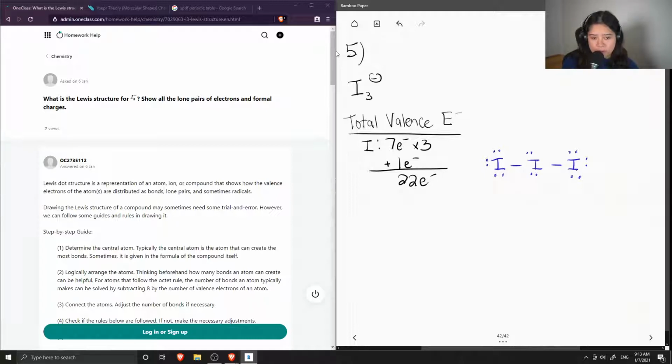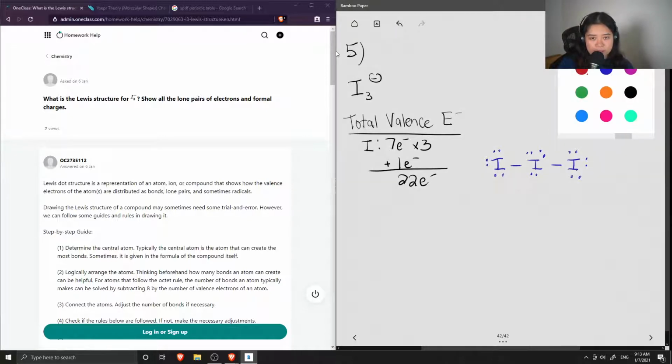So let's count this. We have 2 electrons in each bond, so that's 4, 5, 6, 7, 8, 9, 10, 11, 12, 13, 14, 17, 18, 19, 20. So I only have 20 drawn for this molecule, and I need 22 electrons. So I'm going to put an extra lone pair on our central iodine atom.